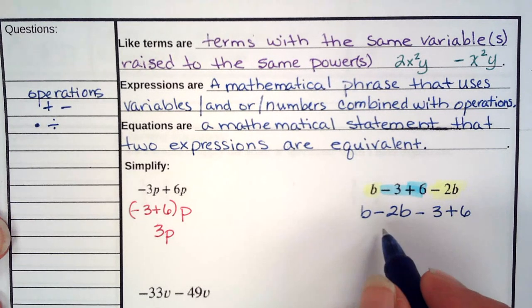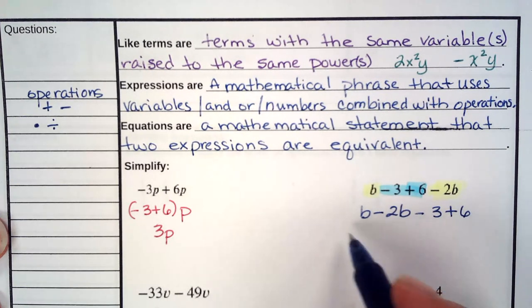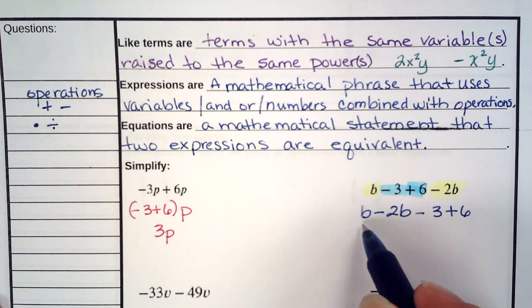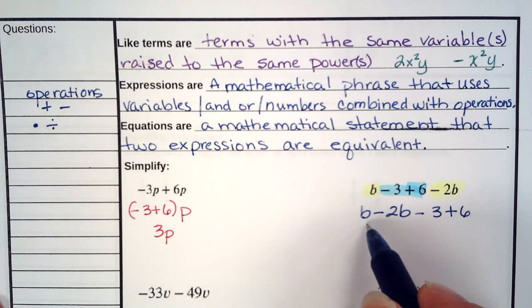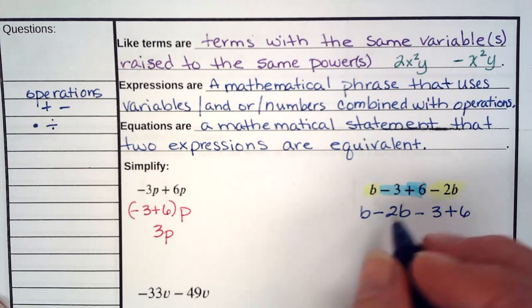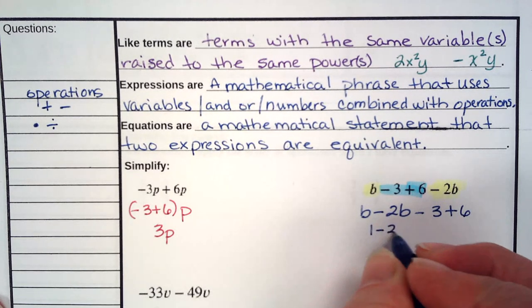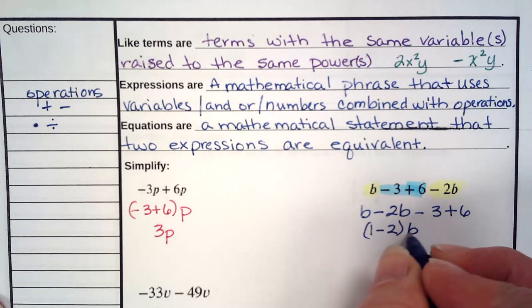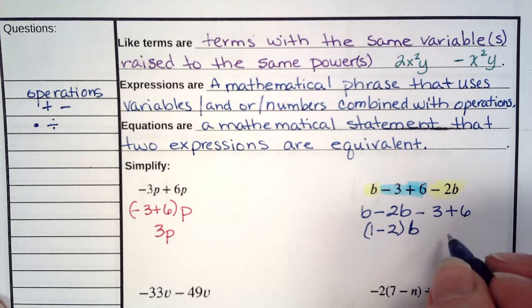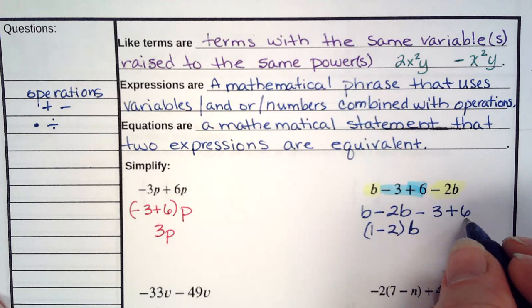Looking at your coefficients, if I had to put a coefficient in front of b, what number would it be? Well, it would be 1. So this is 1 minus 2b. And then I've got -3 plus 6.